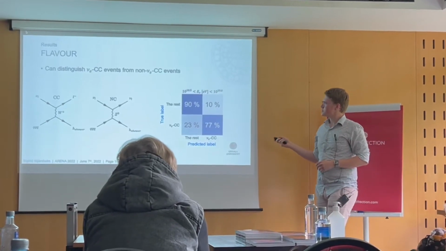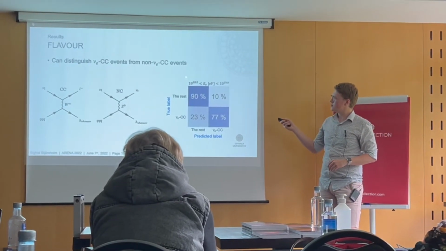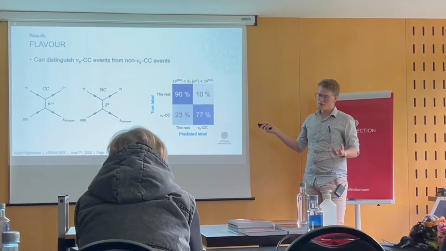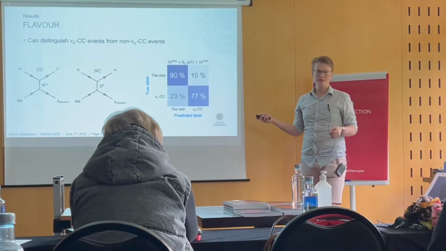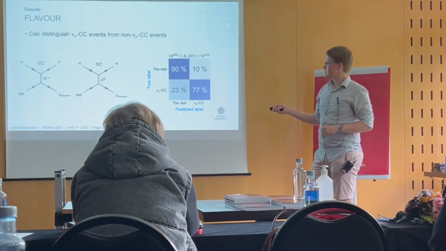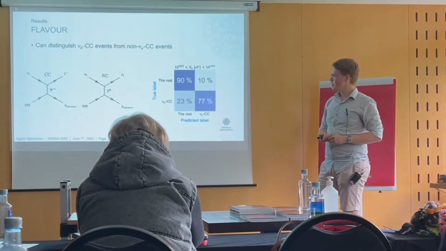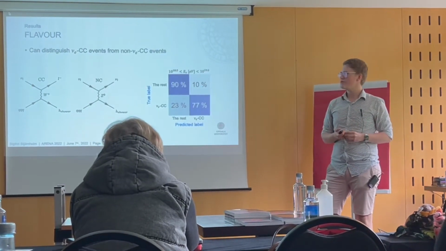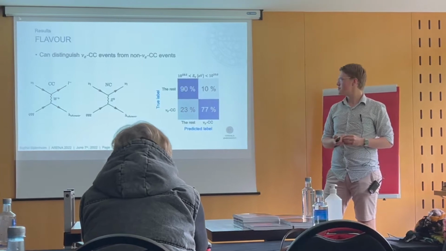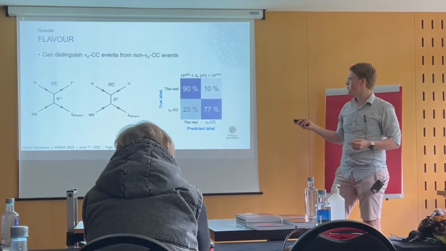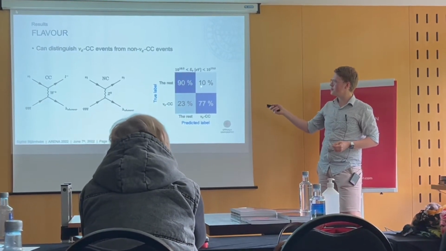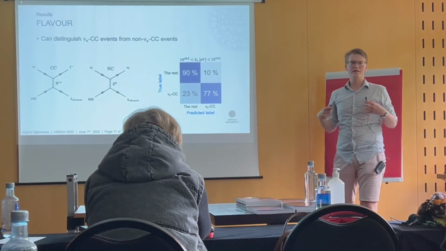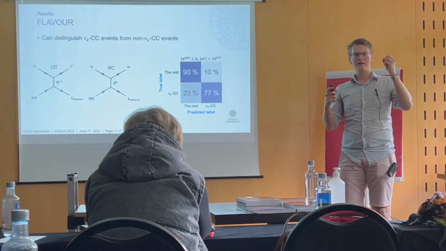So the results are here. This is for a certain energy interval, as you can see. On the y-axis is the true label, the actual true class, and on the x-axis is the predicted label, which the network predicts. You read this, it's called a confusion matrix, and it's supposed to make you confused. But you actually read the diagonal, and a large number in the diagonal is a good thing, because that means you're predicting the correct class.